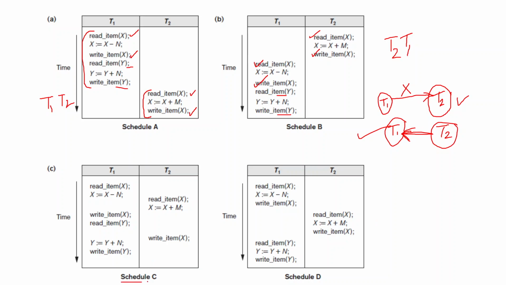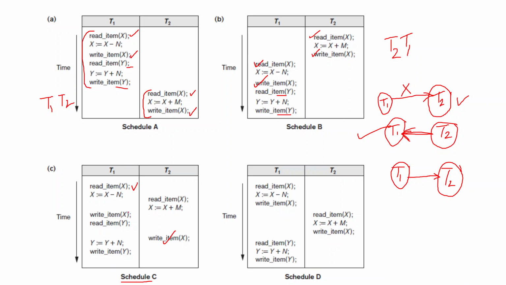Now we look at schedule C. Again, we have to start with the nodes T1 and T2. Okay, T1 and T2. So here in T1 we have got a read item and there is a write item here, right? So T1 to T2 we have to draw because read actually is executed first.